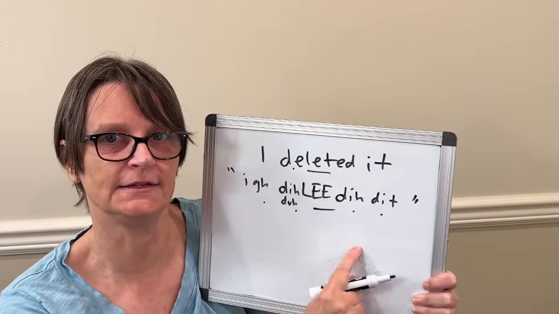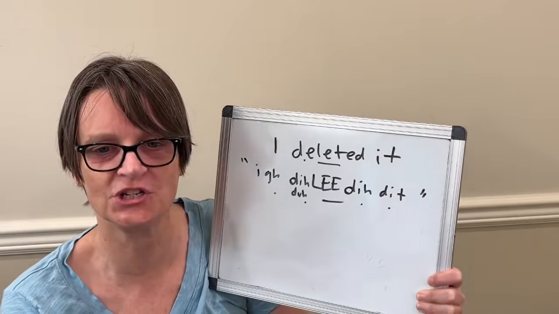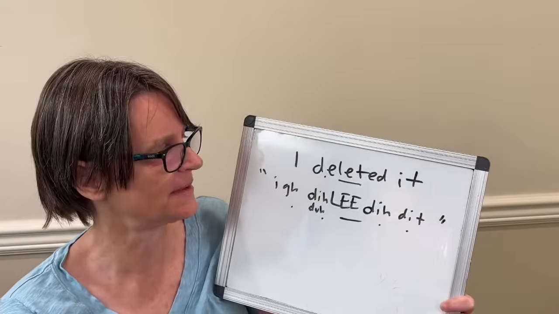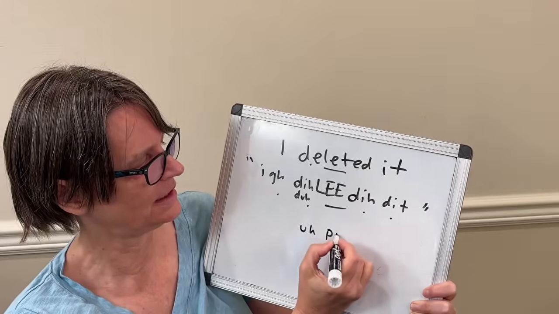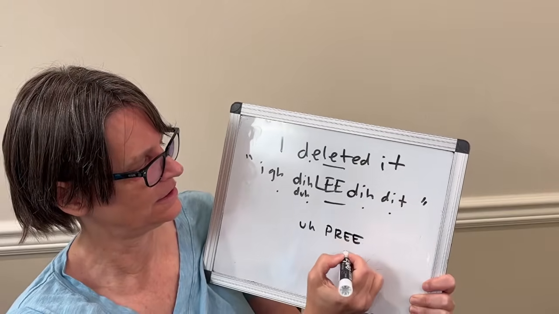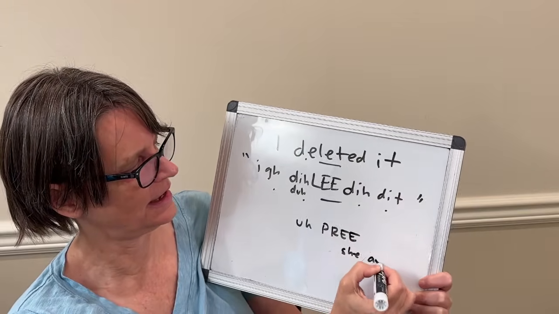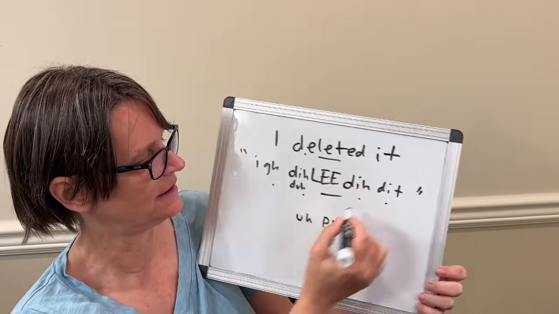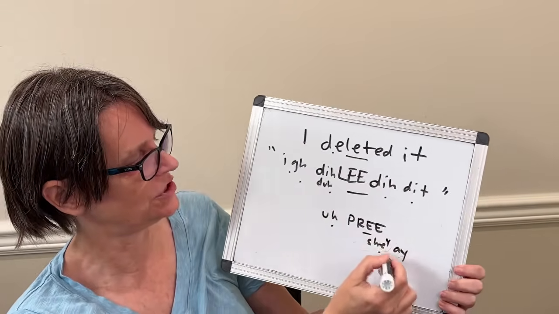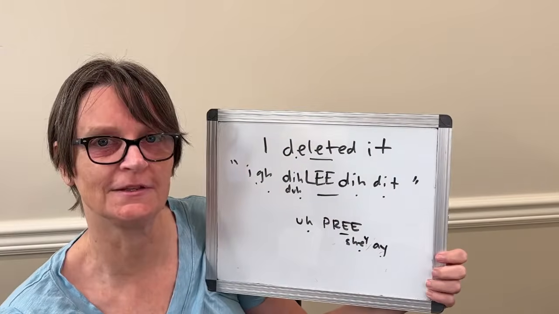Oops, I deleted it. And then appreciated it. Same idea. It's going to have the "did it" at the end, but it's going to have a "pre," "she," "a," and here I'll link vowel to vowel, "she-a," and then "did it." So I appreciated it.